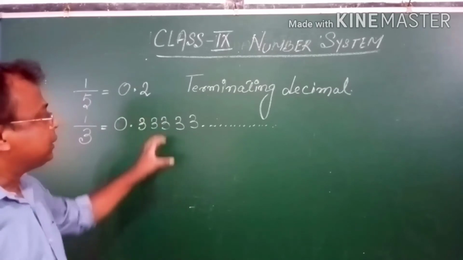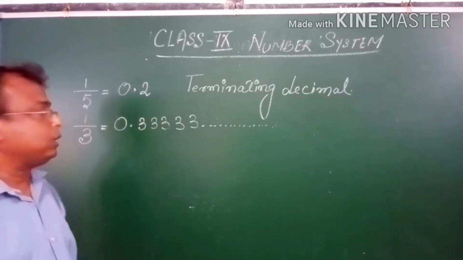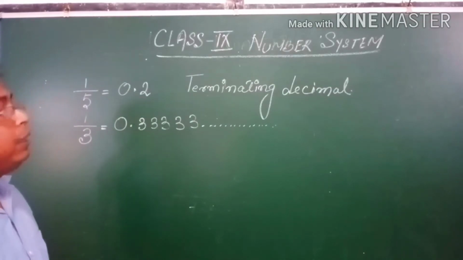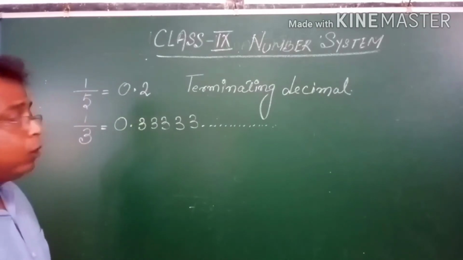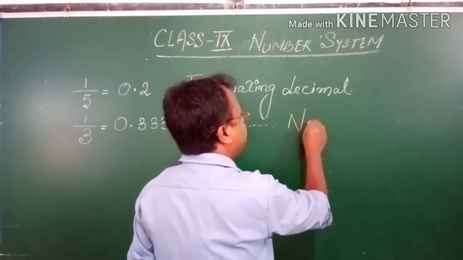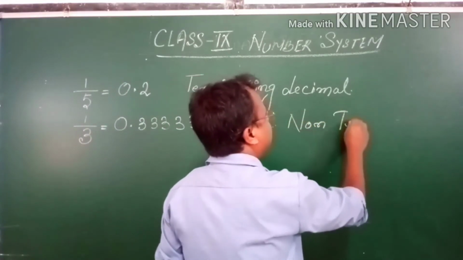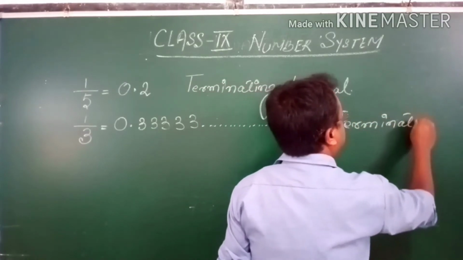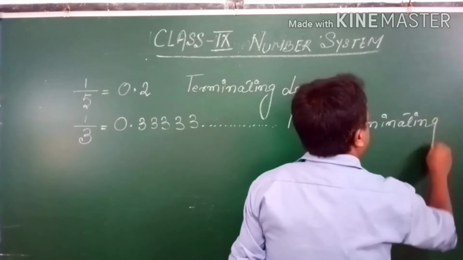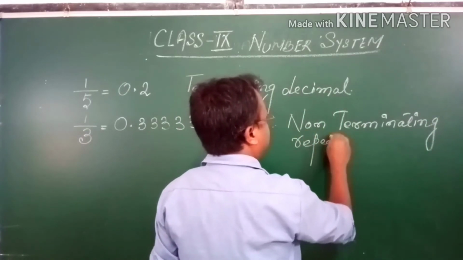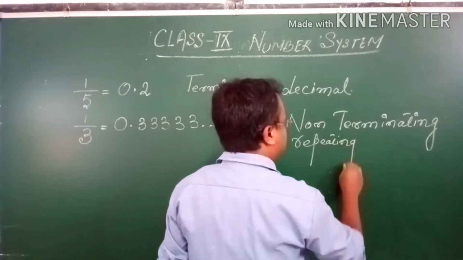Such type of decimal expansion is called a non-terminating repeating decimal.